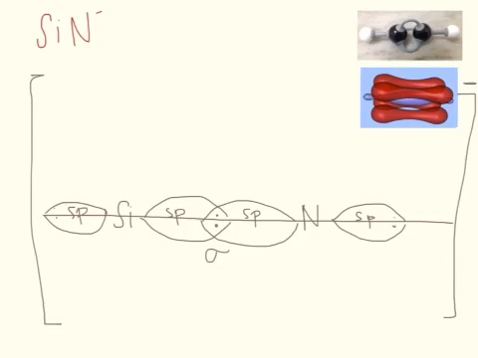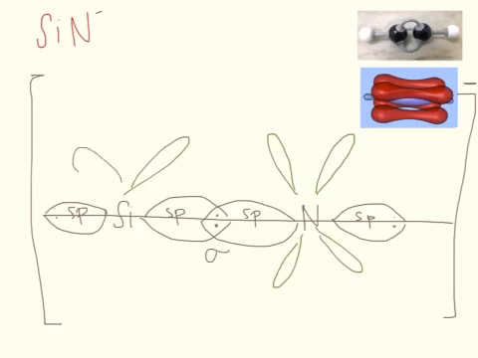Finally, all we're missing are the pi bonds and the angles. I'm going to draw the pi bonds in green. There are two pi bonds. This is one right here, and then there's another one right here. We're going to do the same to the silicon: one here, one here.